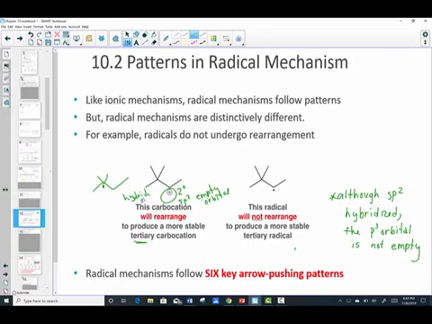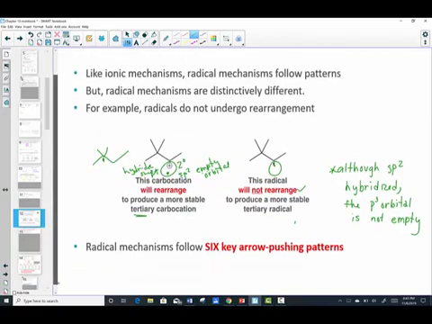But the criteria there is that this hydride shift occurred because this was empty, but it's not empty here. There's an electron there. So therefore, seeing that it has a placeholder already, it will not undergo rearrangement. So keeping in mind there are distinct differences, that being one of them, between the mechanisms that we've been studying in the previous chapters, where we had heterolytic bond cleavage, and now we'll look at 6 key arrow pushing patterns for radical mechanisms. And let's explore these one at a time.